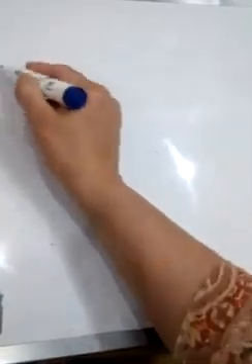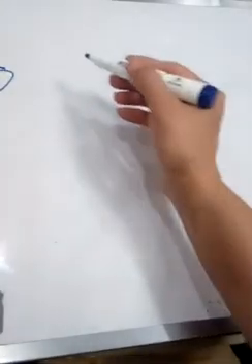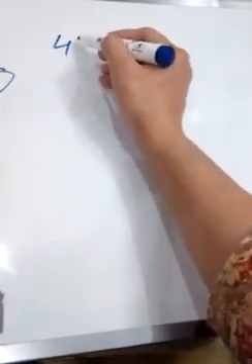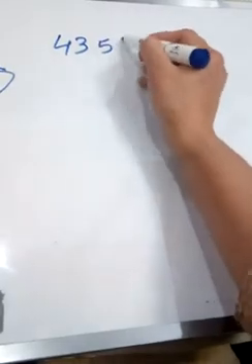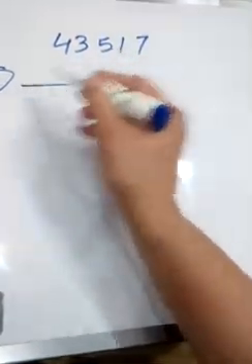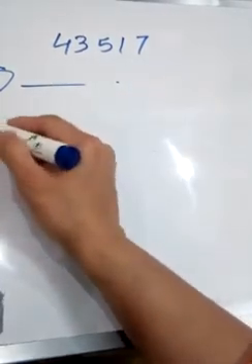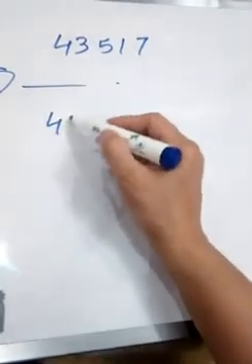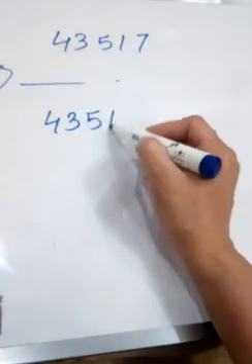let me write it how we have to solve it. Question number 6, part A. We have to round off that figure 43,517 to the nearest 100 in part A. Write that nearest 100 part A here and then the answer. 43,517.